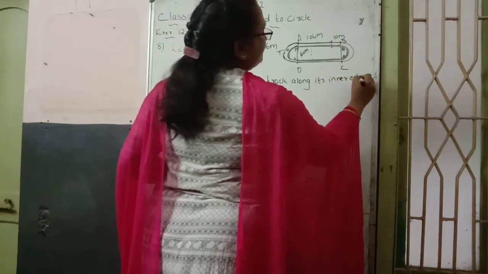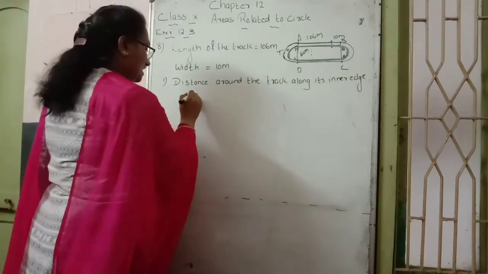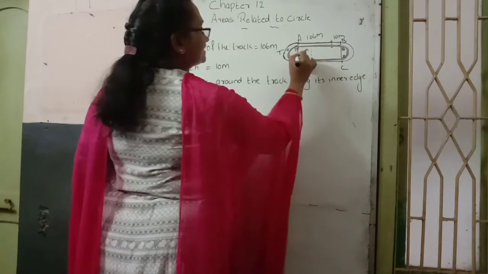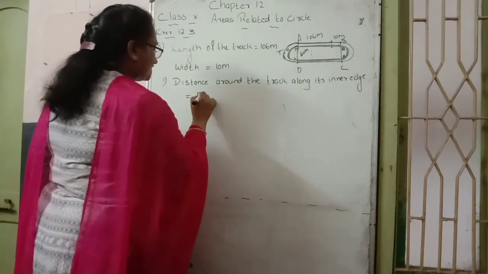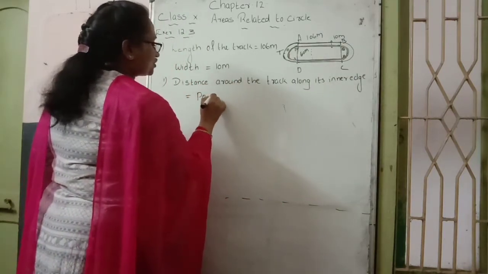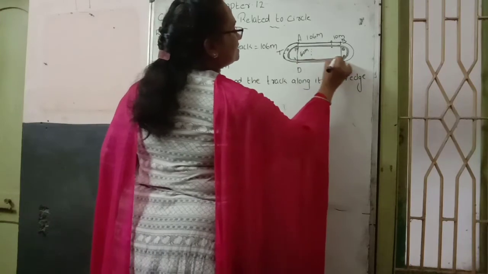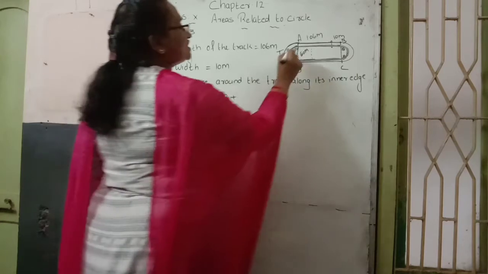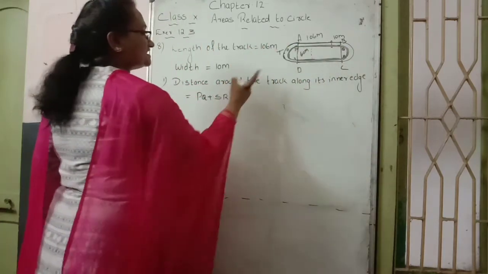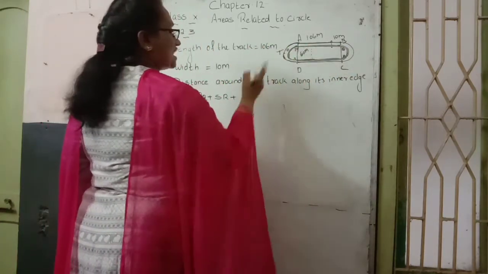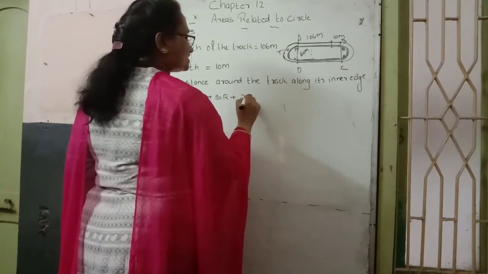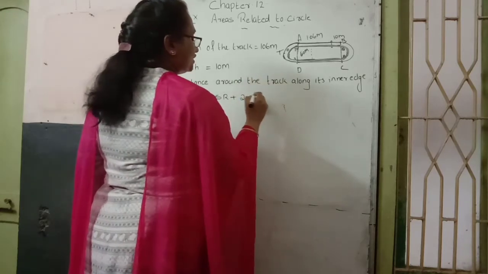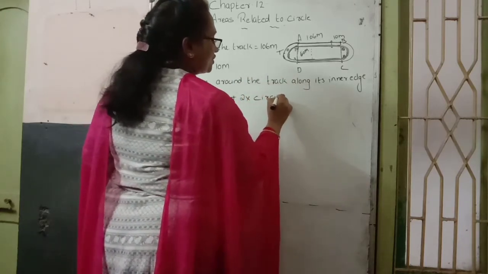How to find it? The inner part from here to here represents the length of the rectangle, that is PQ, plus the down part, this much distance, also the length, that is SR, plus the right and left sides, which are semicircles. There are 2 semicircles, so 2 times their perimeter, that is, the circumference.